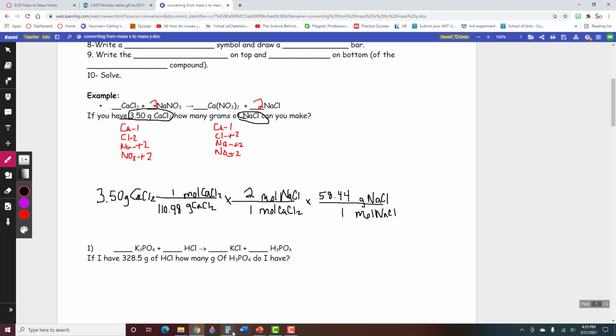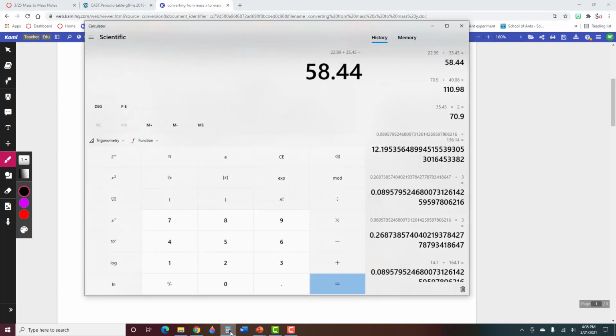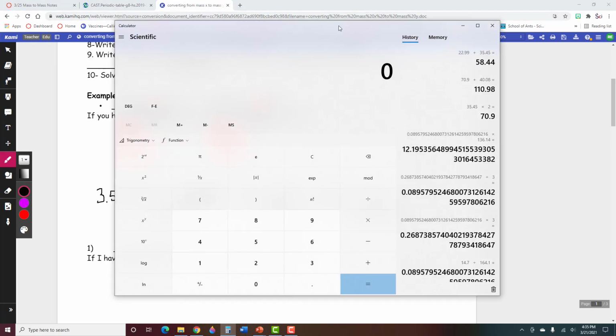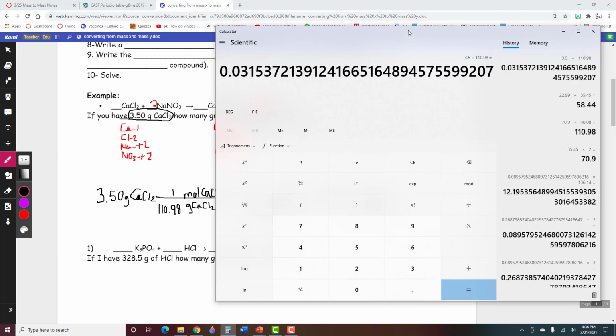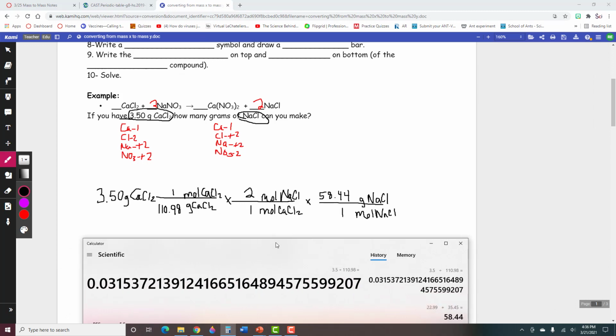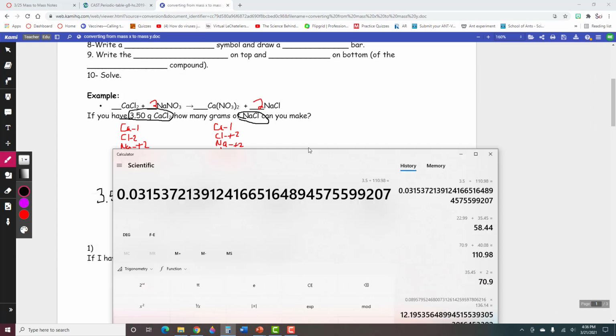The last step is solve, so I'm going to take my calculator, and you always just work your way left to right, typing it in, multiply by the top, divide by the bottom. So 3.50 times the 1 on top is going to give me 3.50. And then divide by the bottom, which is 110.98. That's the first step. Now the second one is multiply by 2 on the top and divide by 1 on the bottom.